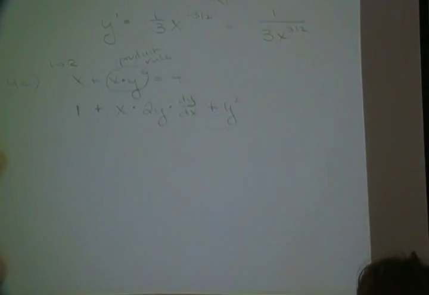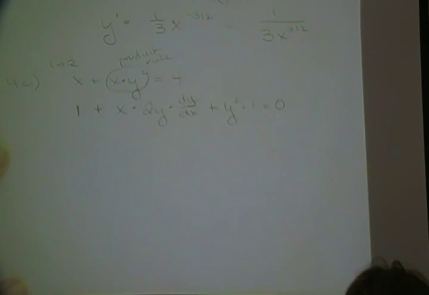I'm going to pull the 2 down, I'm going to drop the degree on y to the first, and I'm going to multiply by the derivative of y with respect to x, which is dy dx. Plus, now I'm going to leave the second function alone, y squared, times the derivative of x, which is 1. And then I'm going to take the derivative of 4, which is 0 no matter what.